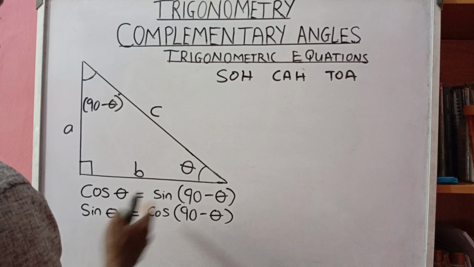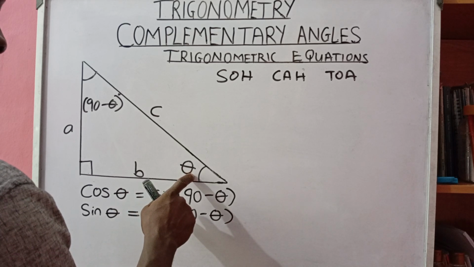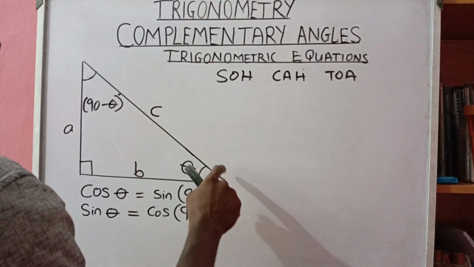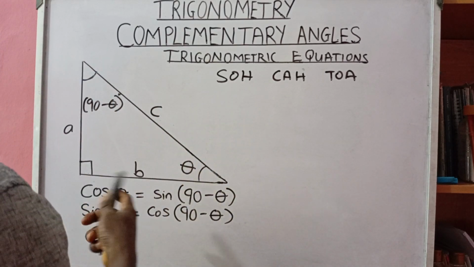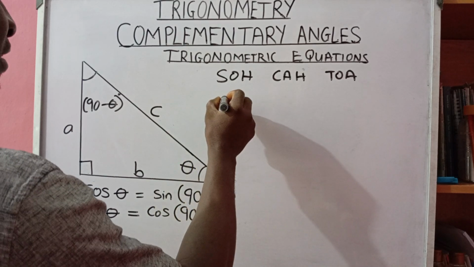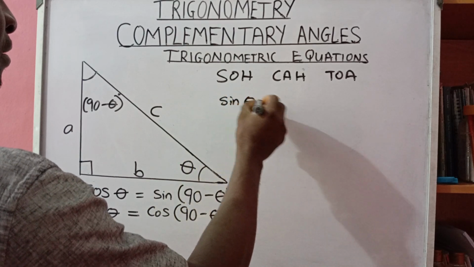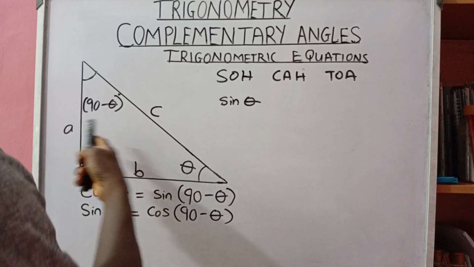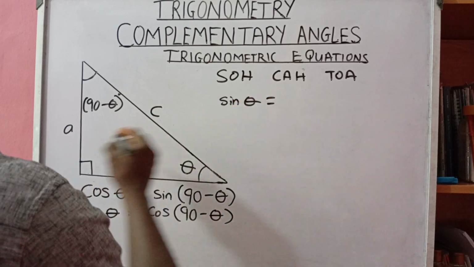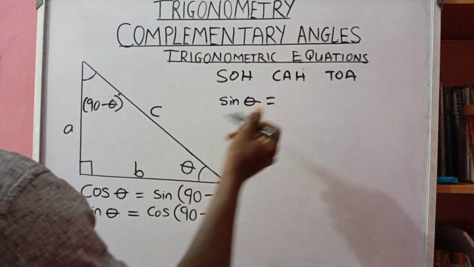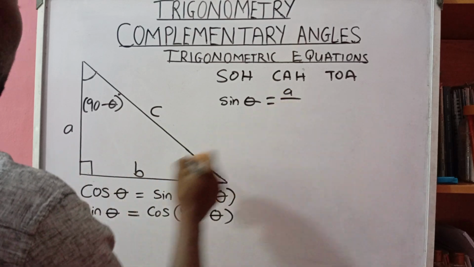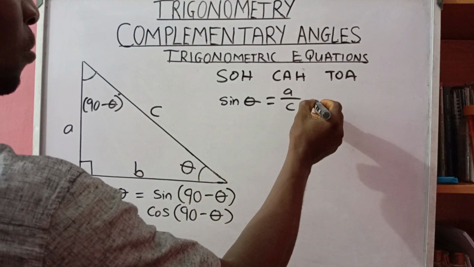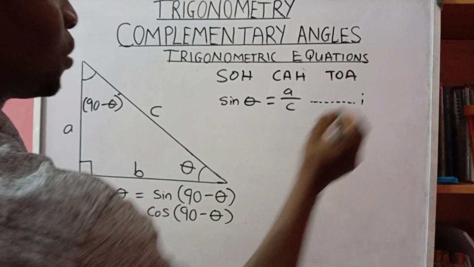Sine of this theta means we have to get the opposite of the theta over the hypotenuse, which is C. So sine theta, the opposite of this theta is A, over the hypotenuse, which is C. Let's call this my equation number 1.